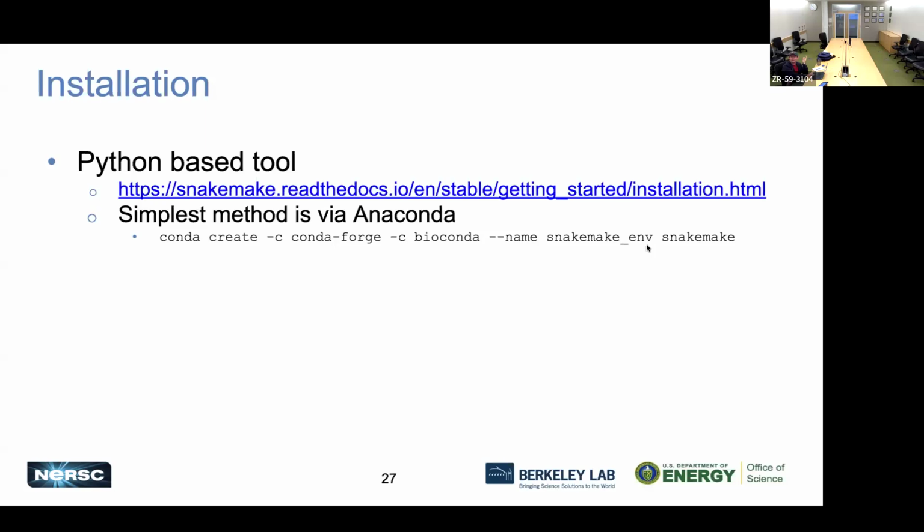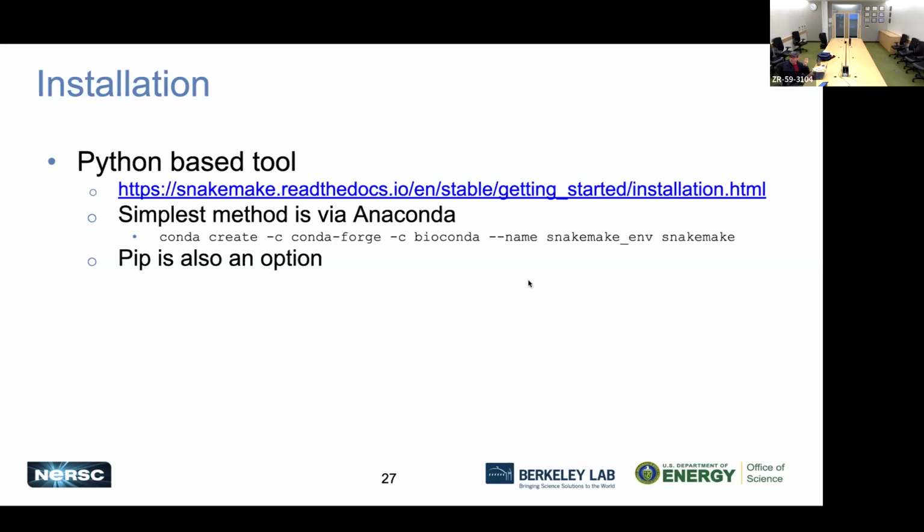Name it something, and snakemake here is the keyword that gets this particular piece of software. When they do examples, they just name it snakemake, and then the name of the thing is snakemake, and I feel like that might be a little confusing for somebody that doesn't scan that, oh, the first snakemake is the name of the environment you're creating, and the other is the actual software going into it. So I try and make that a little more clear here.